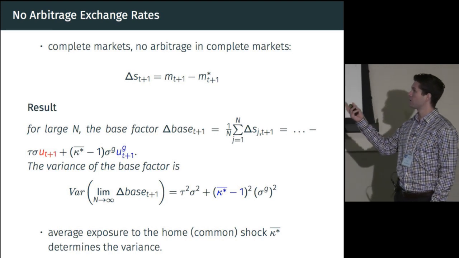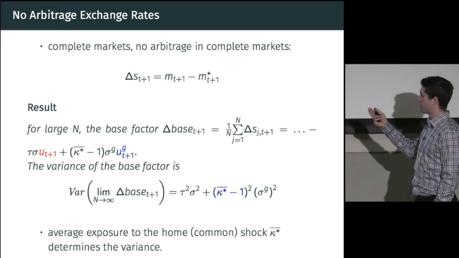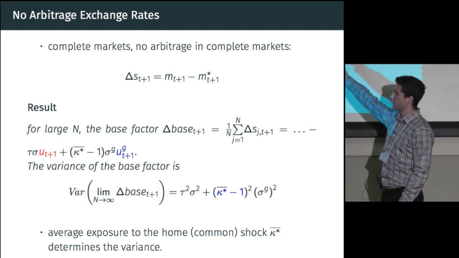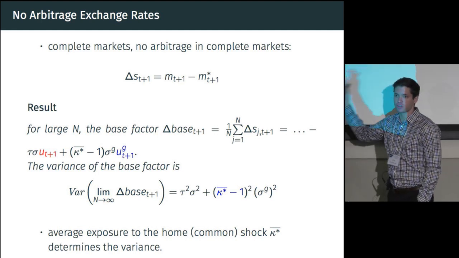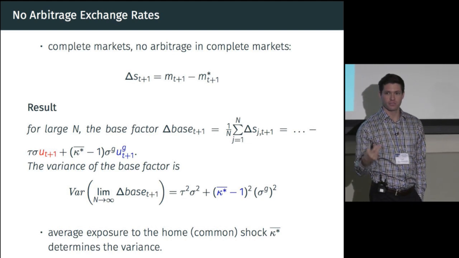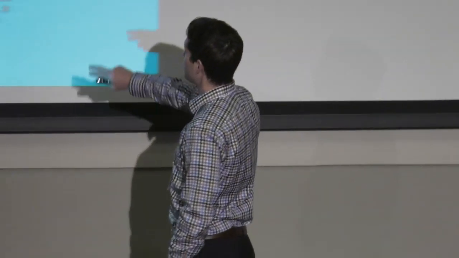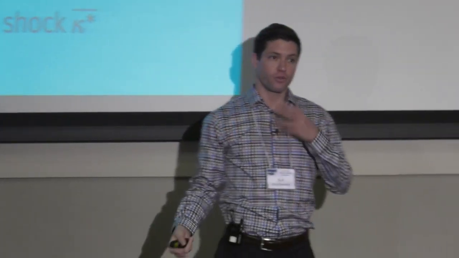Now, the interesting quantity to look at here is, for example, the variance of the base factor. You can see that the variance of the base factor is increasing as the foreign countries have a more different loading on the common shock than the US. The US has a loading of 1, and if the foreign countries load very differently on that common shock than the US does on average, then the variance of the base factor is going to be higher.